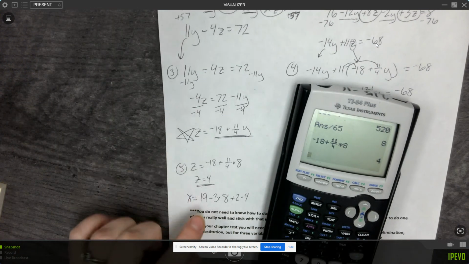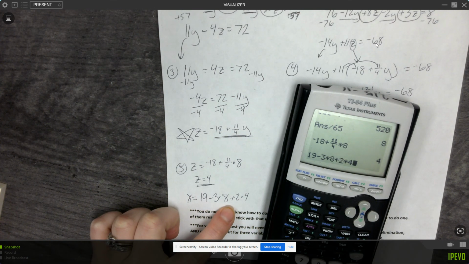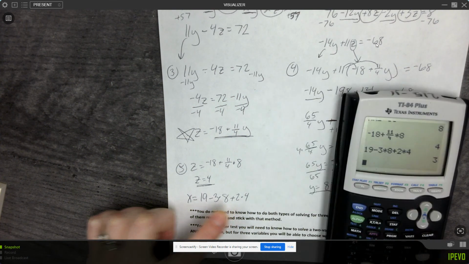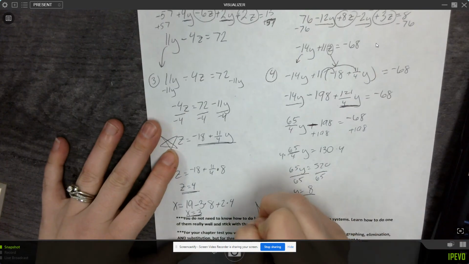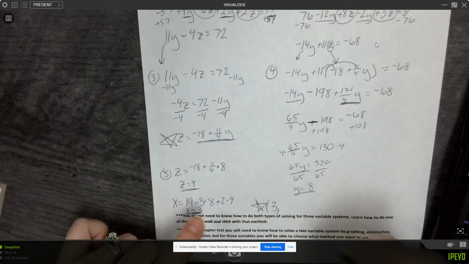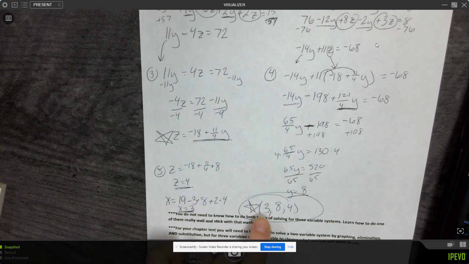Type it in your calculator. 19 minus 3 times 8 plus 2 times 4, which is 3. So then your answer, x, y, z, put it in order: 3, 8, 4. Not in order from smallest to largest, but in order alphabetically, x, y, z.